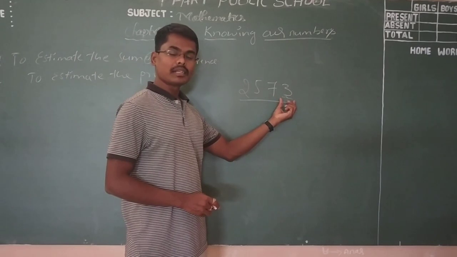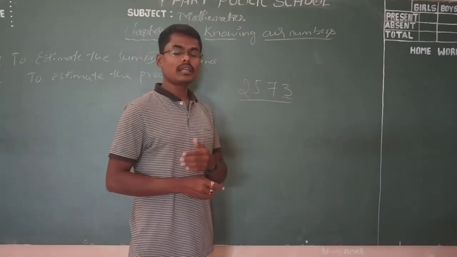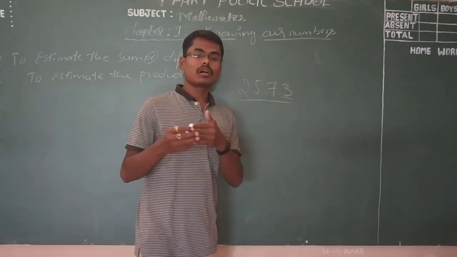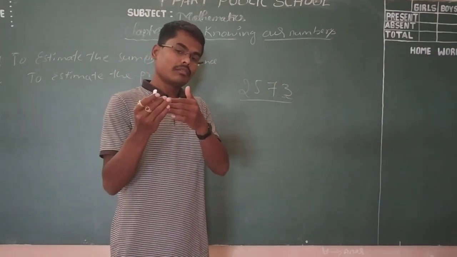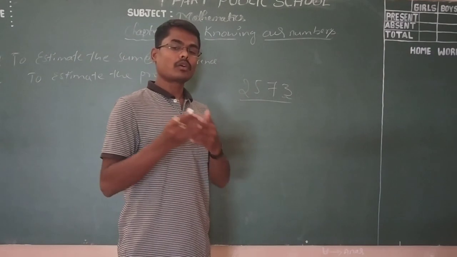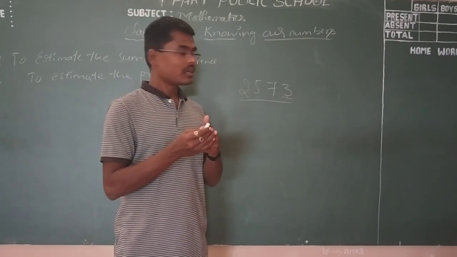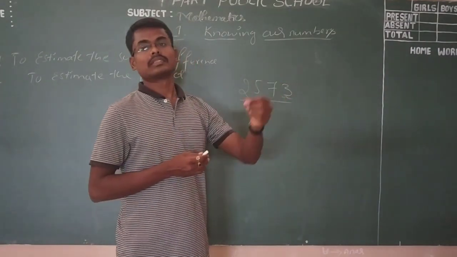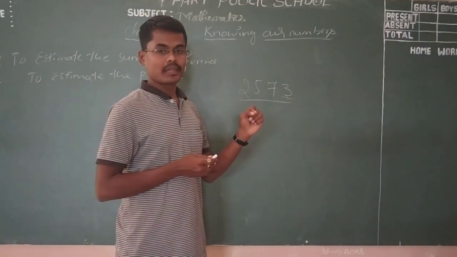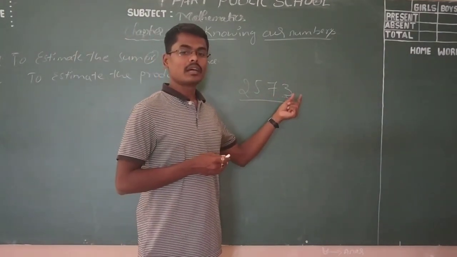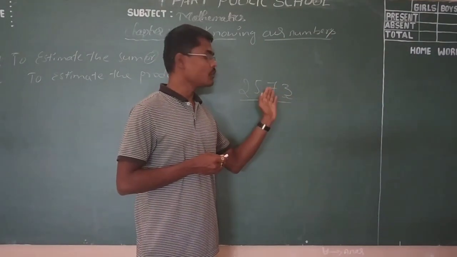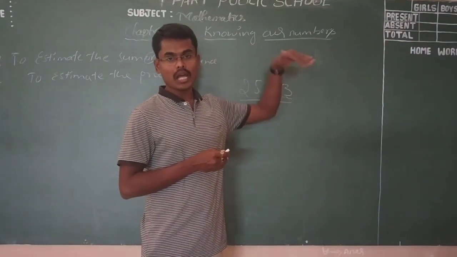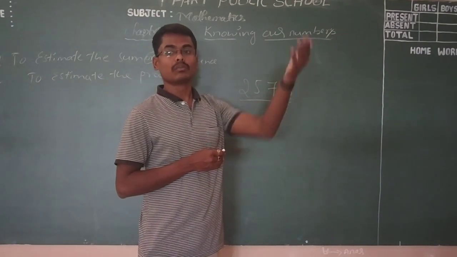Here the digit place is 3, and we know the numbers which are less than 5, we are going to relate that 3 to 0. If in the place of 3 there is a number like 6, 8, 9, then at that time we are going to relate to the next number.